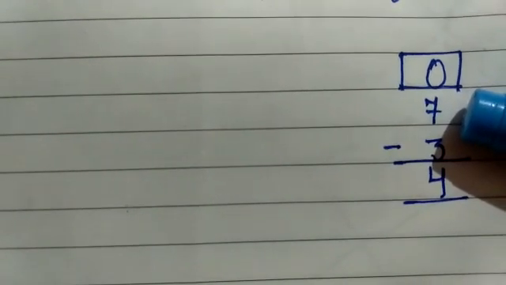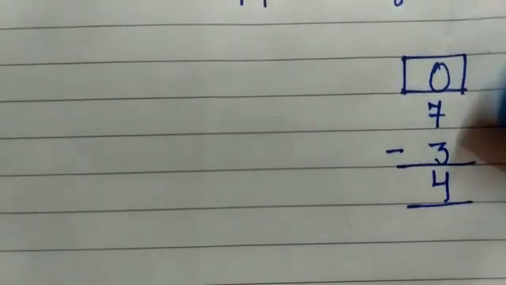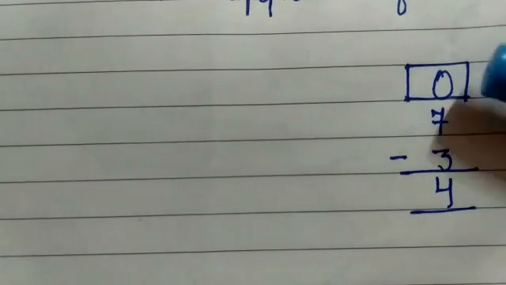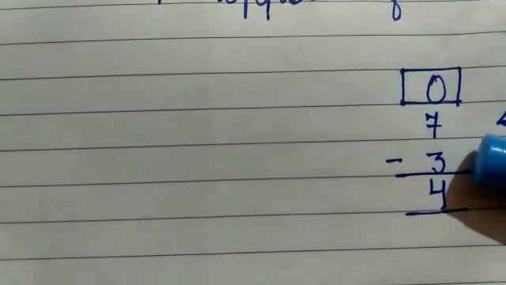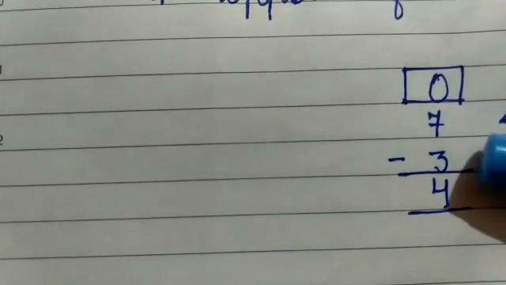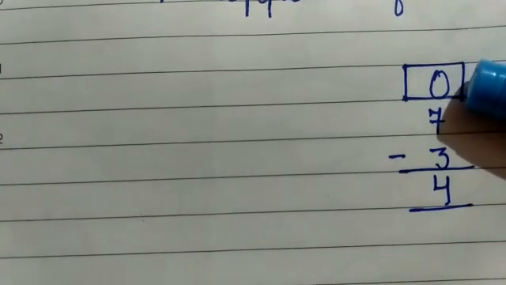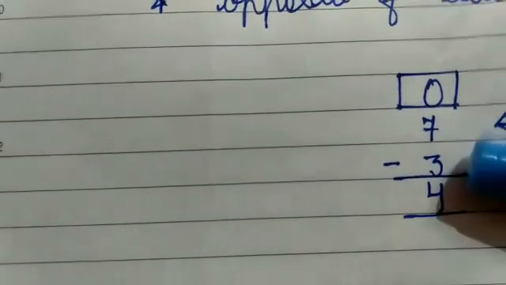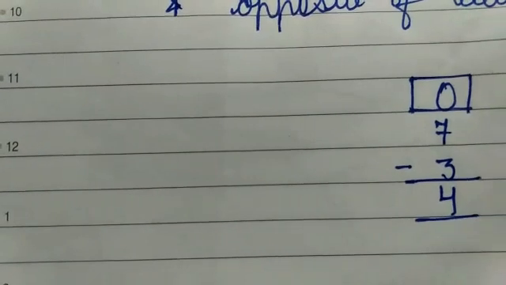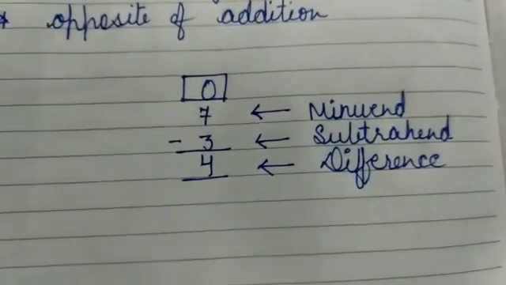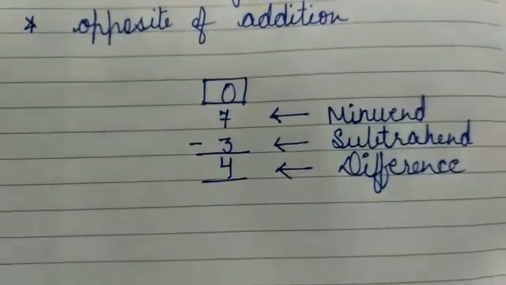The number from which another number is subtracted is called minuend. Here is the 7, and the number which is subtracted from the minuend is called subtrahend, or we can say the bigger number is minuend and the smaller one is subtrahend, and the result is called difference. The answer we get is difference. So 7 is minuend and 3 is subtrahend.